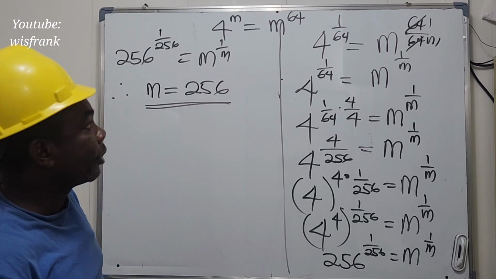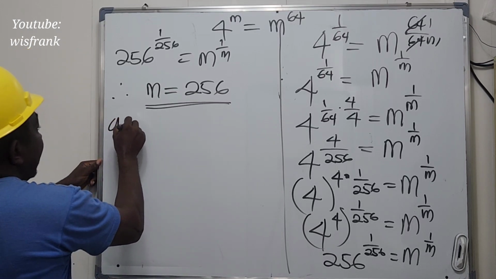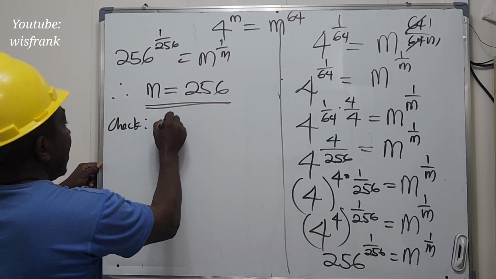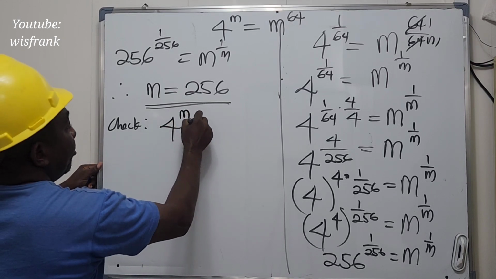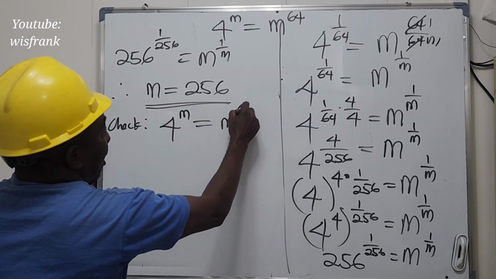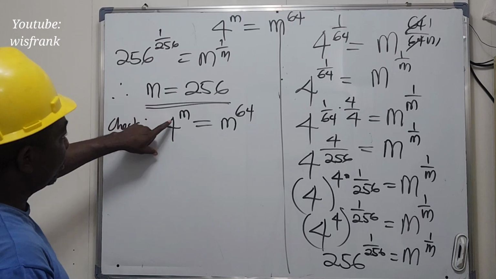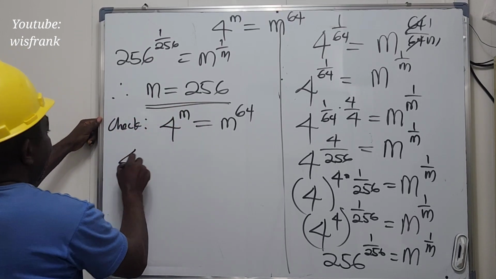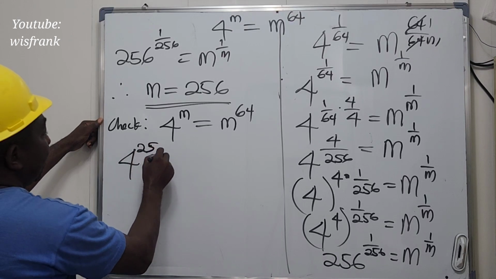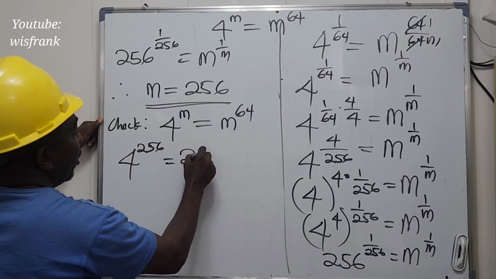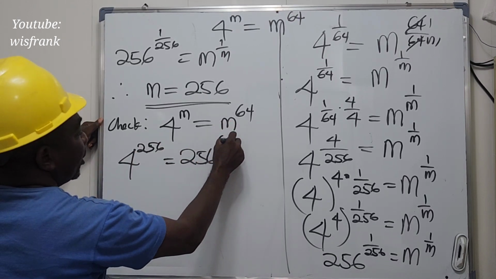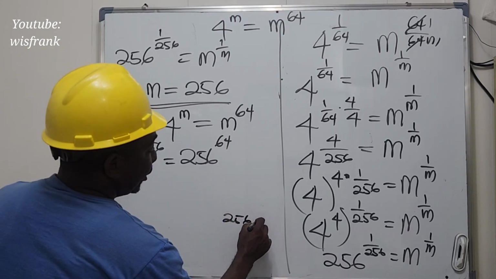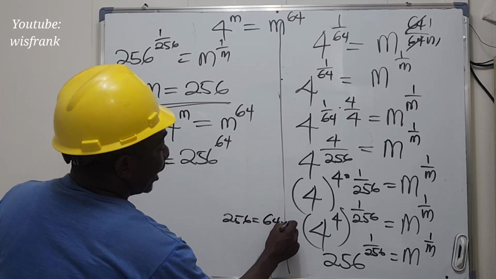We can do a little check to see whether this value of m, which is 256, will satisfy this equation, which is 4 to the power of m equals m to the power of 64. By substituting the value of m as 256, we have 4 to the power of 256 equals 256 to the power of 64. So in this case, we can break down 256 as 64 times 4.